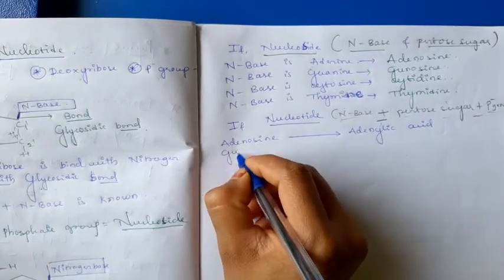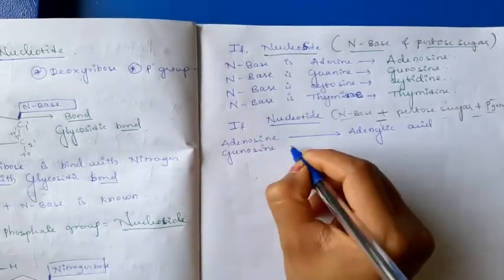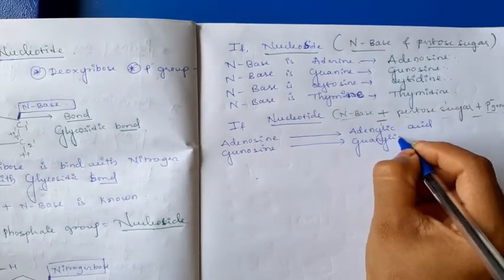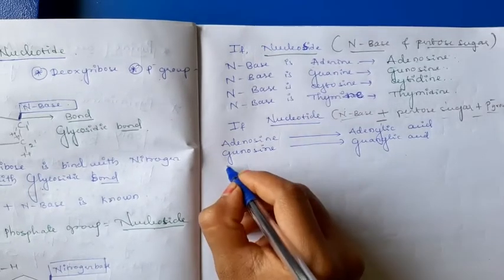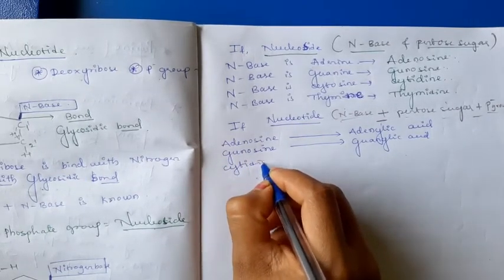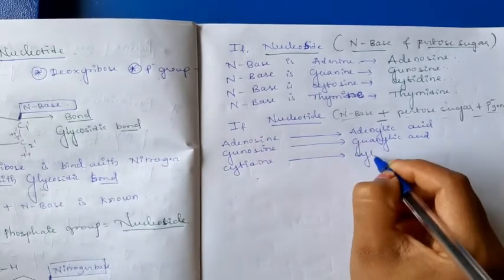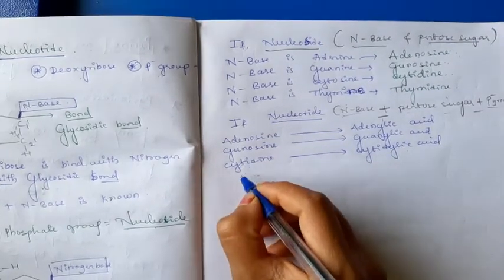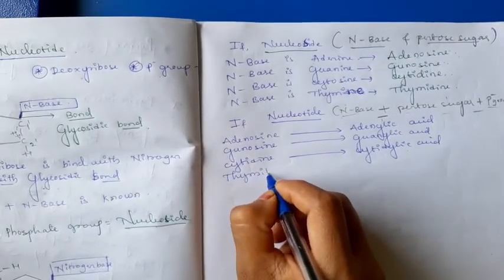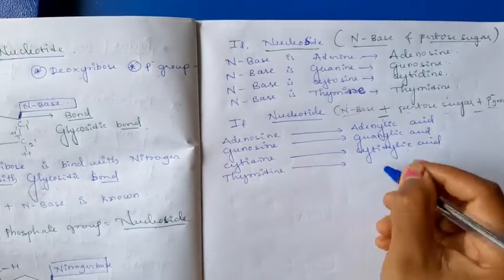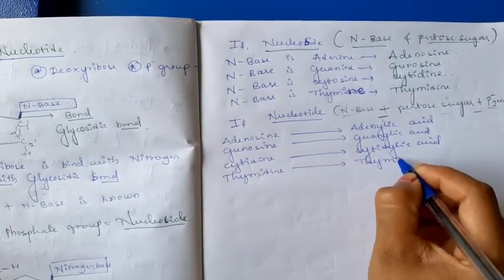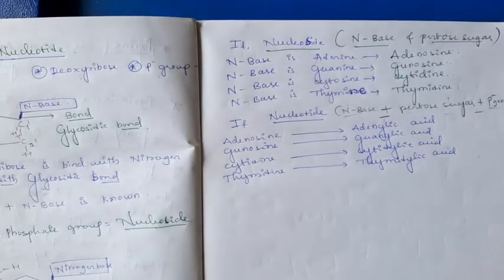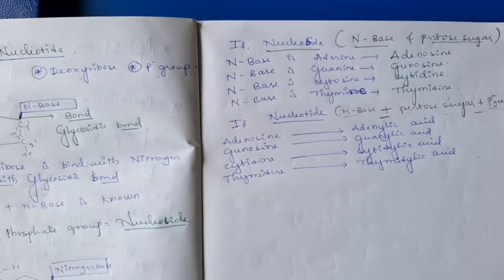The guanosine converts into guanylic acid. The cytidine converts into cytidylic acid. Like that, thymidine converts to thymidylic acid. This is the naming of nitrogen base, nucleoside and the nucleotide.